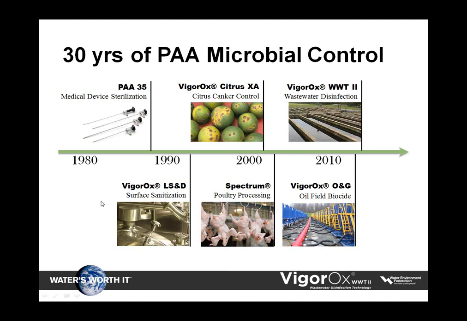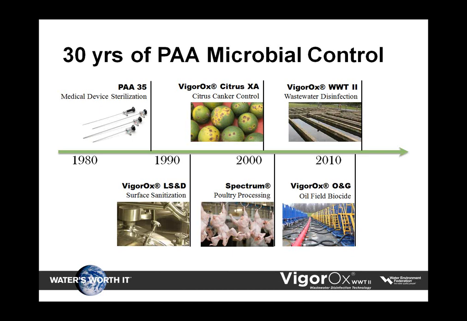In 1993, FMC launched the Vigorox LS&D trade name for the sanitization of hard, non-porous surfaces and reverse osmosis membranes. Such surfaces can be sanitized against microorganisms such as Listeria, Staph aureus, E. coli, Salmonella, Pseudomonas, influenzas, and various animal viruses.